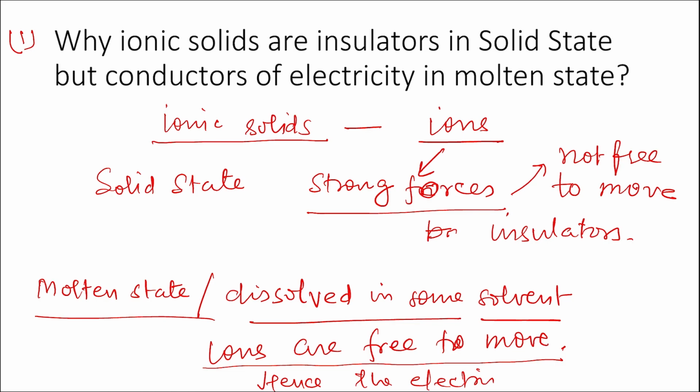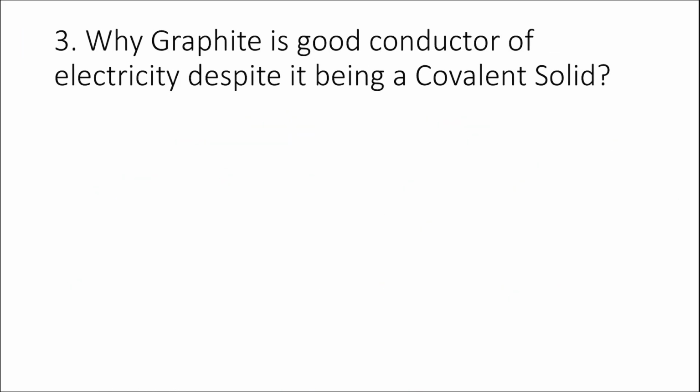Now let us come to the second question. Why is graphite a good conductor of electricity despite it being a covalent solid? Generally, covalent solids are insulators.